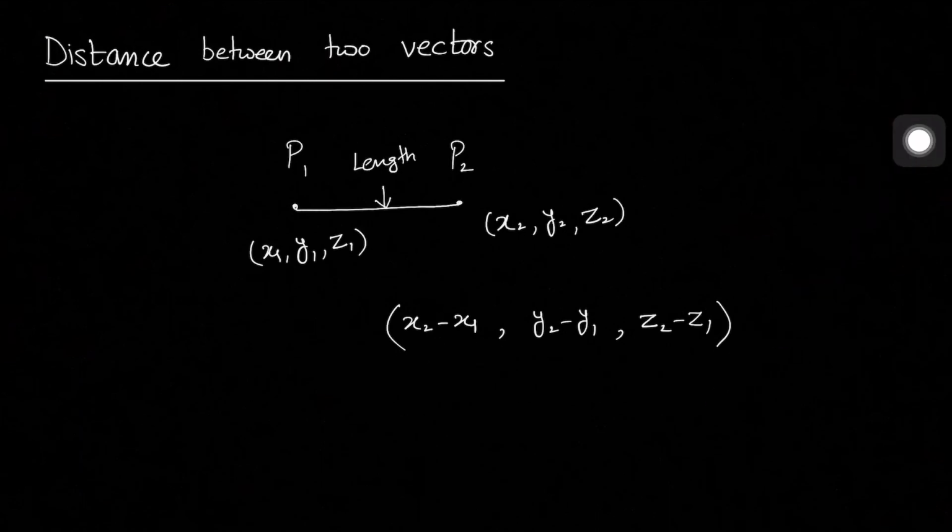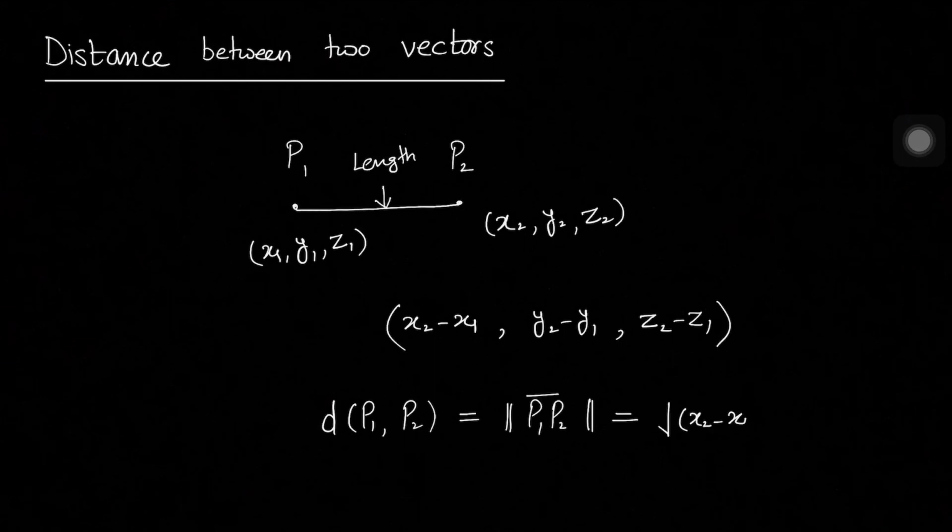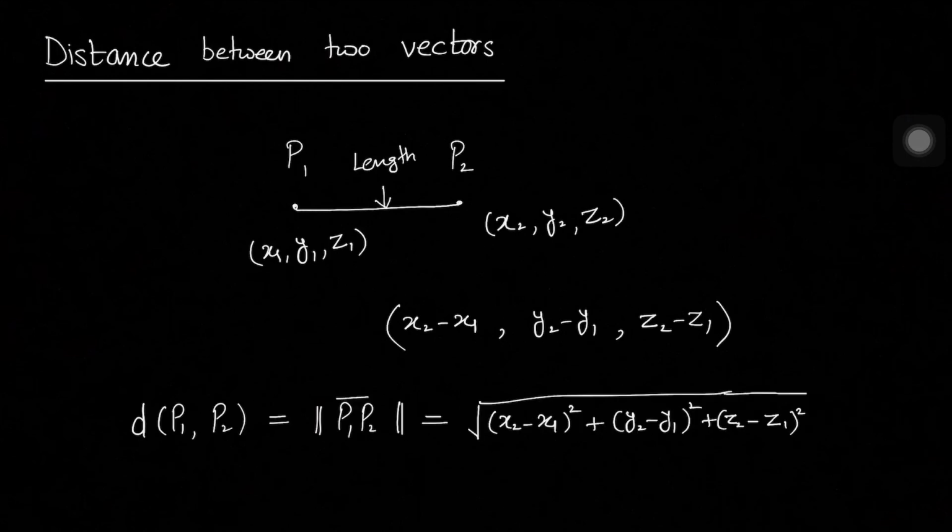The distance between the vectors p1 and p2 is the same as the norm of the vector p1p2. To find the norm, take component squares: x2 minus x1, y2 minus y1, and z2 minus z1. So this is the formula for finding the distance between two vectors.